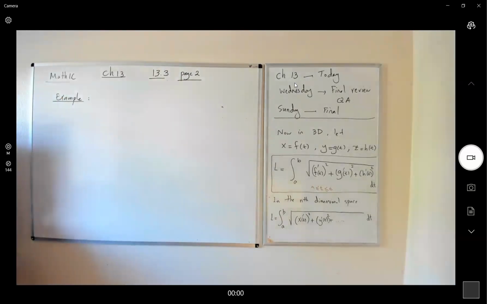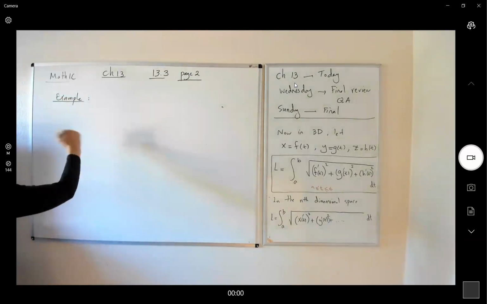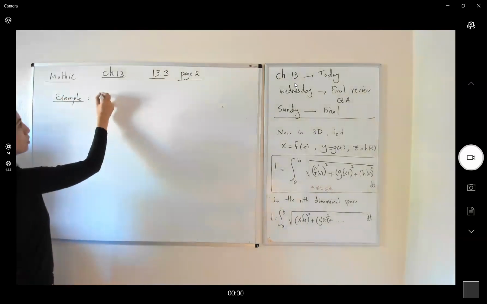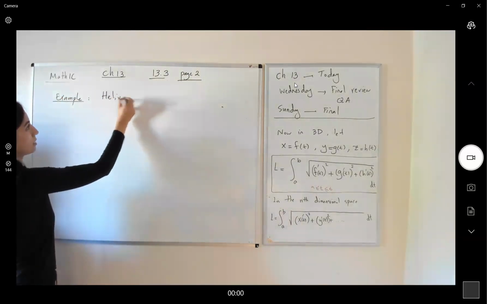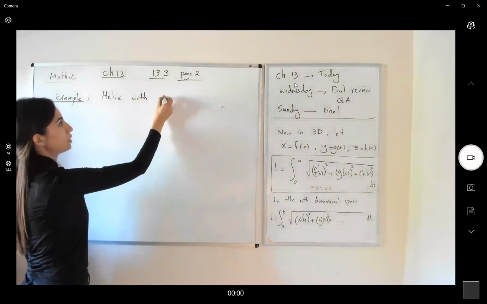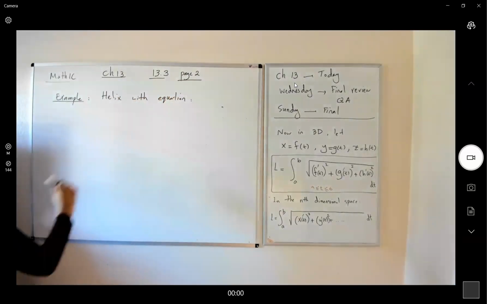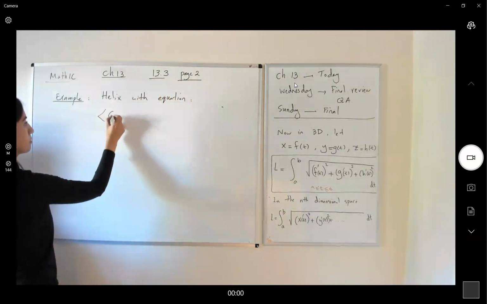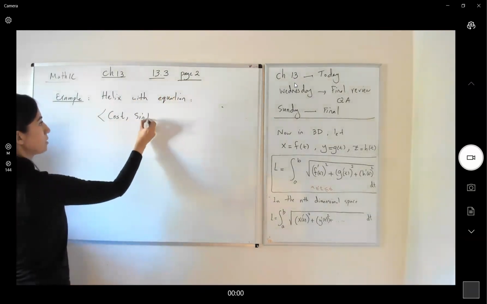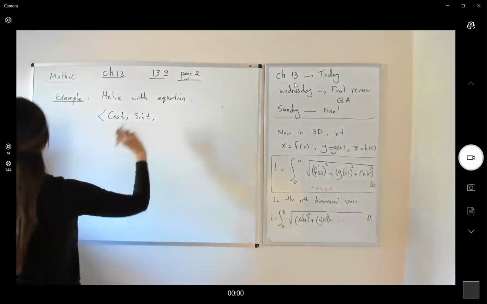So in this case, you have a circular helix with a vector equation. So we have a helix with equation. What is the equation? It's cosine t, sine t, and it's just t.